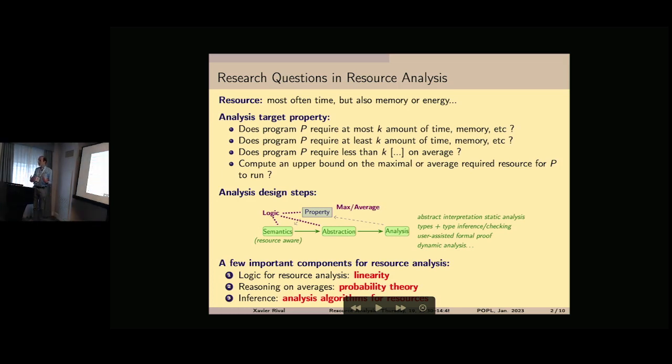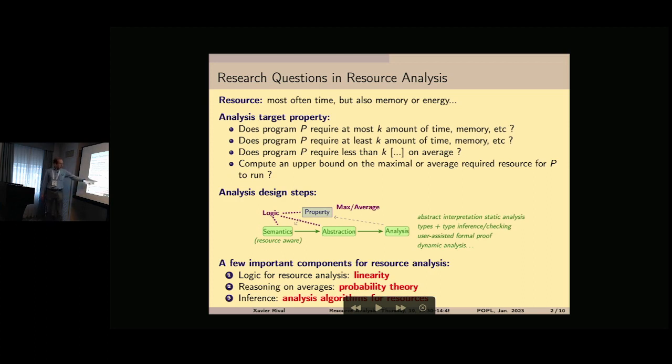Now, if we look at the analysis design steps, actually that is something quite general. It's not specific to resource. So let's see what you're typically doing. Typically, you start with the semantics. Today we have to make this semantics resource aware, of course, if we want to talk about resource. So semantics will often have to be a little bit non-standard.